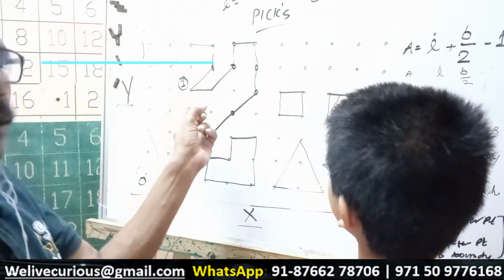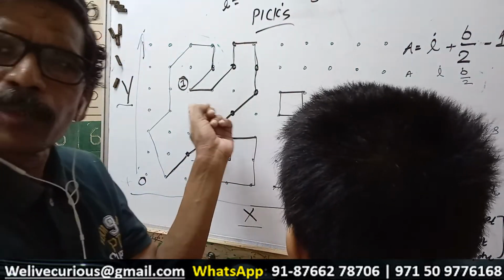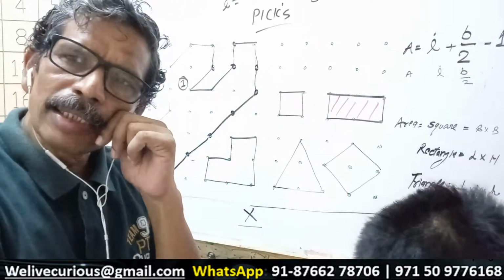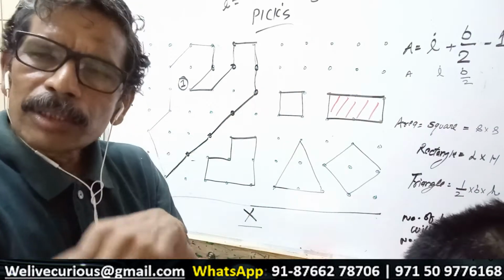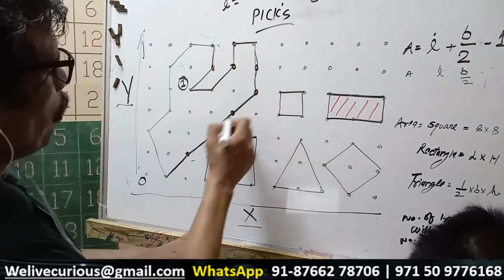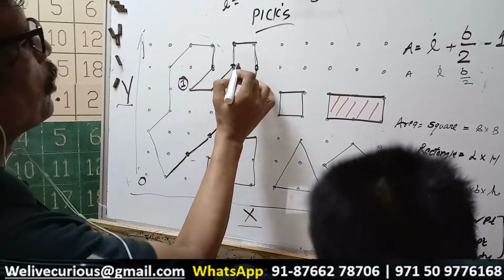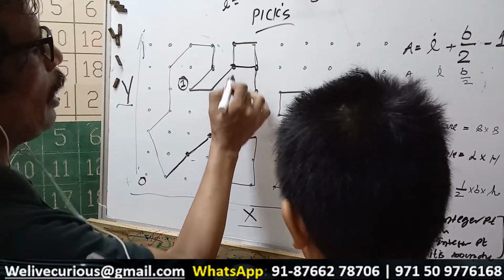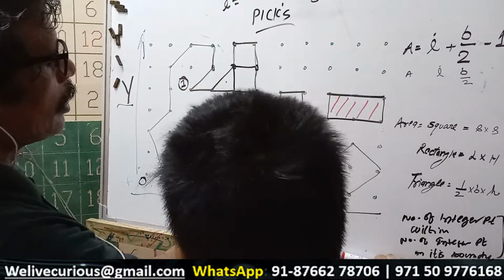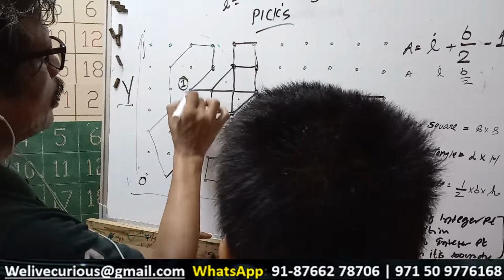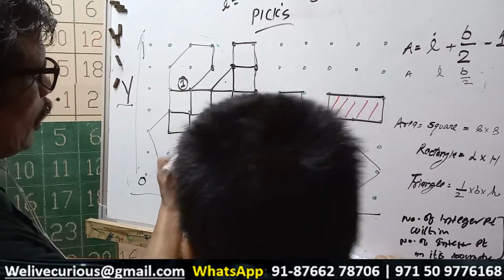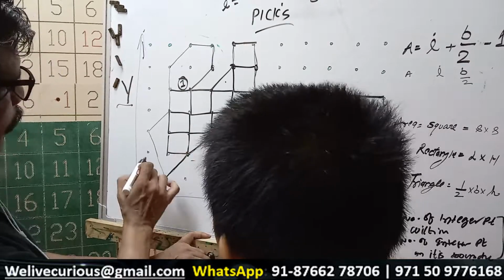Can you calculate the area of this by any means? Of course it is possible. You can calculate the area, but it will take a lot of time. You can calculate the area of this whole enclosed figure. How will you calculate? You will see 1 square, 2 square, then you will calculate this area, this area, this area, and so on.